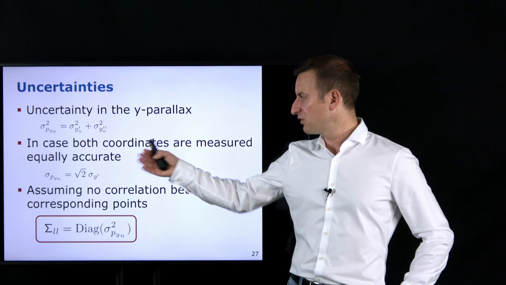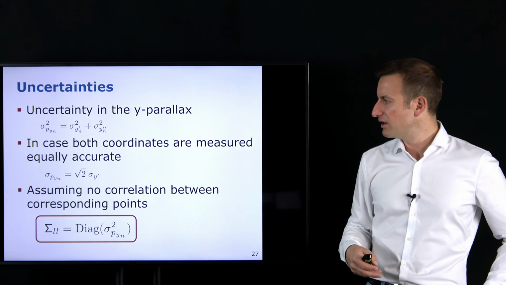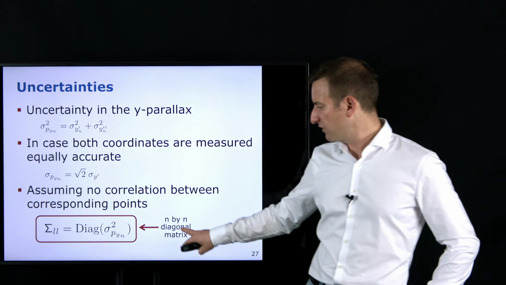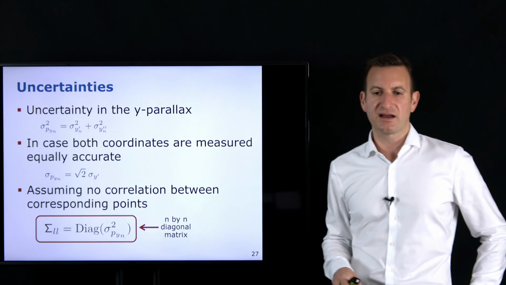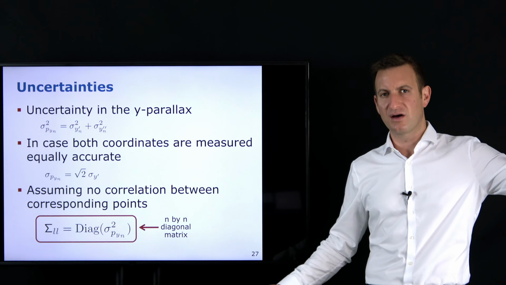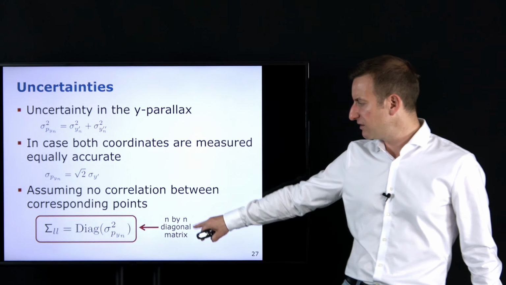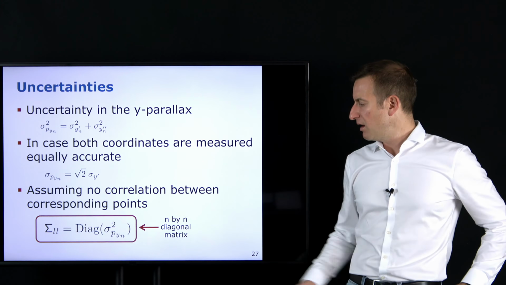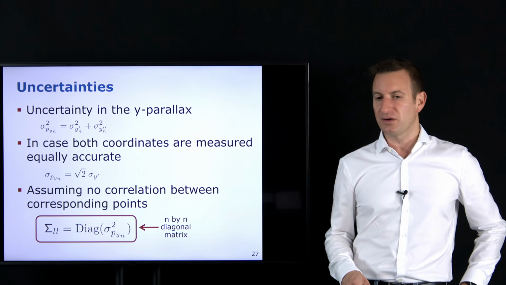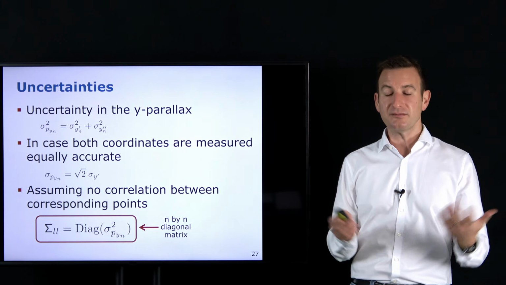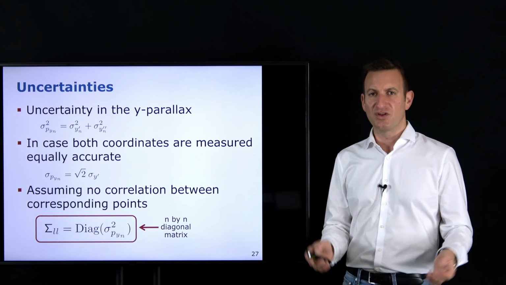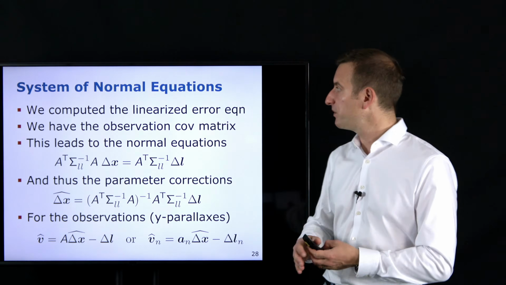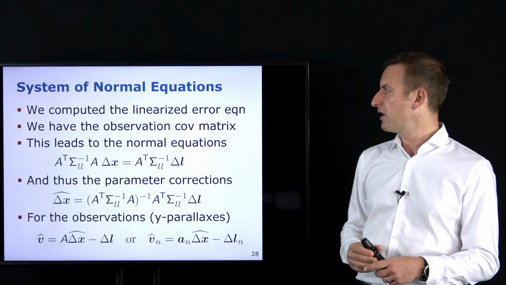It's just a factor that is additionally added to the uncertainty of my observations. This is an n by n diagonal matrix, where n is the number of observations, the number of corresponding points that I have, with the corresponding elements on the main diagonal. And from this point on, we can just take out our least squares toolbox and solve this. So what we have done is computed the linearized error equation.